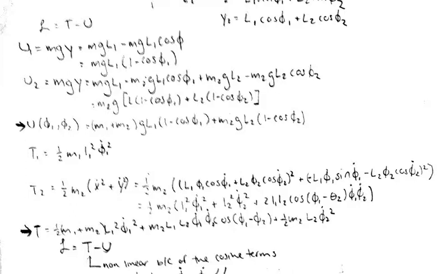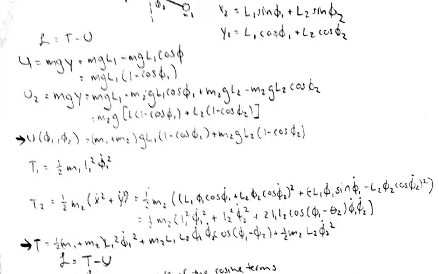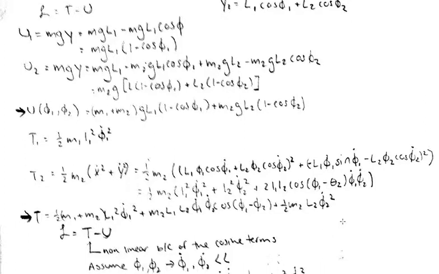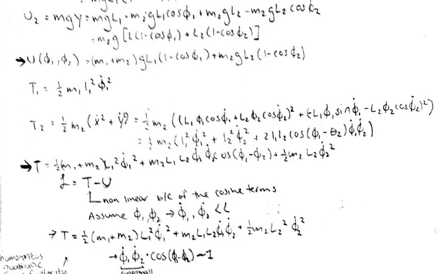Using what I already have for position in x and y, just taking their derivatives and then adding them, you get this equation for kinetic energy of the second. And then when you add them together, this is what you get for the total kinetic energy.